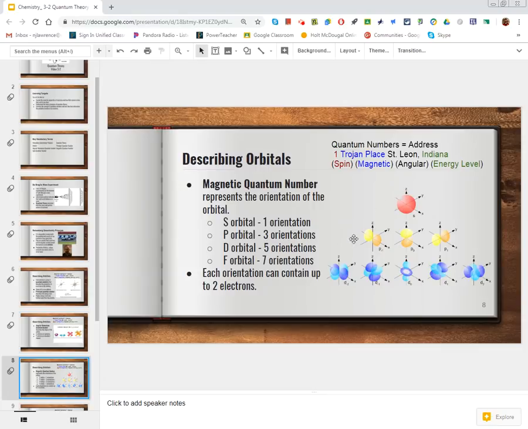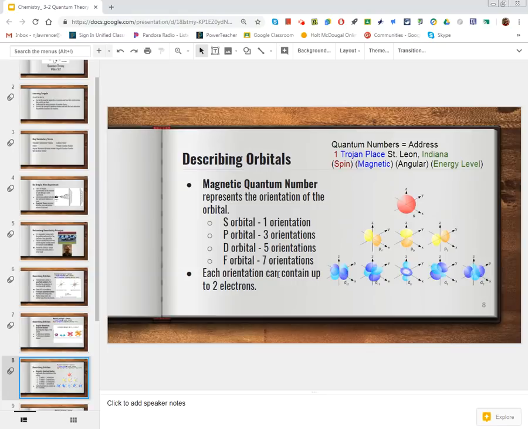The p orbital, though, since it's a figure 8 in 3D, it can actually align itself to the 3 different axes, the z, the x, and the y. We're going to label these numbers as -1, 0, or 1. The d orbital can also have 5 different orientations, depending on which axis or which combination of axes it lines up on. And so those common numbers can be -2, -1, 0, +1, +2. And then, of course, the f orbital can have 7 orientations.